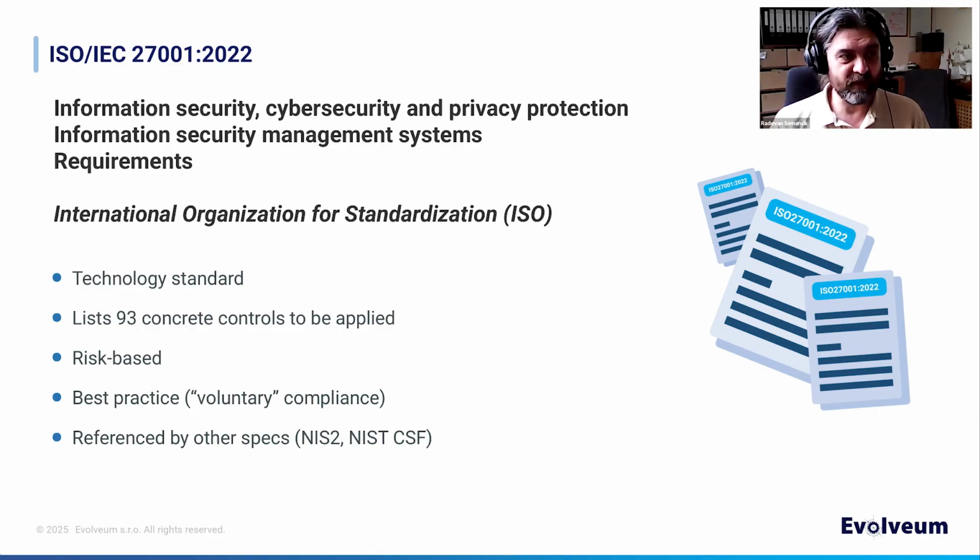There are 93 concrete controls to be applied by organizations. It is risk-based. That means that the depth of application of the controls depends on your specific situation and your risk. And as I said, it is referenced by other specifications, especially the European NIS2 and the US Cybersecurity Framework.